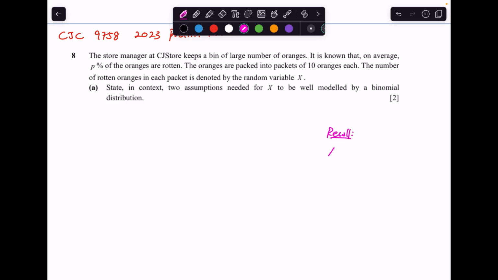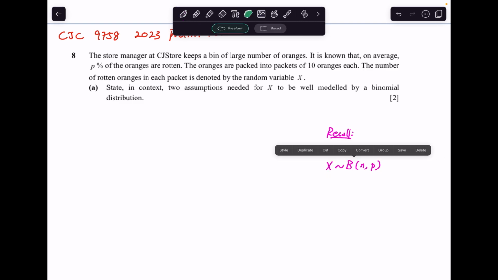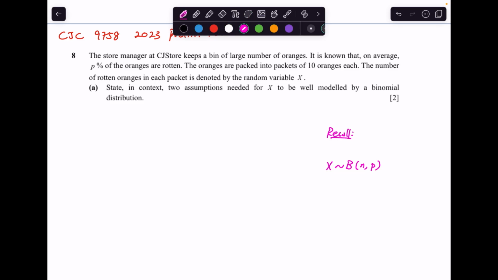Typically speaking, I'll write down something like X is binomially distributed, B, n number of trials, probability of p. Right. So let's describe each of these parts. There's three things you can learn from here: B, n, and p.